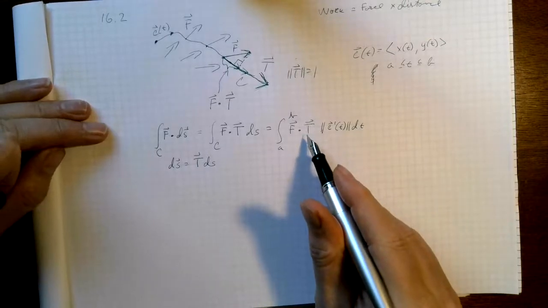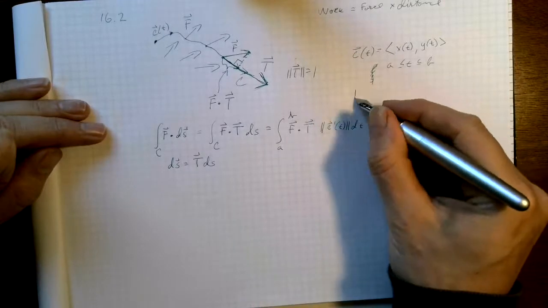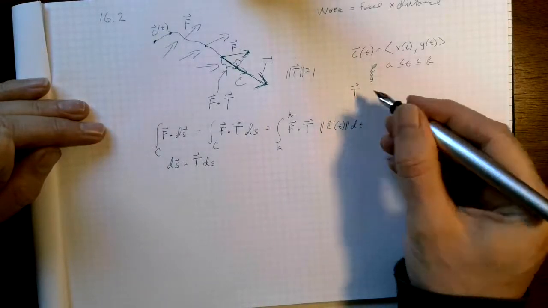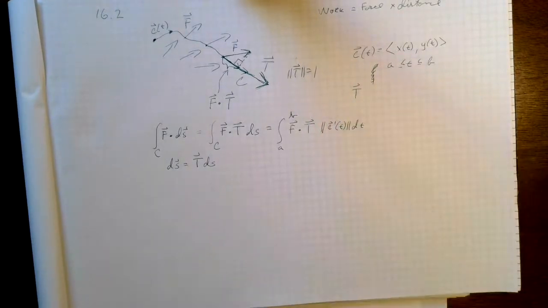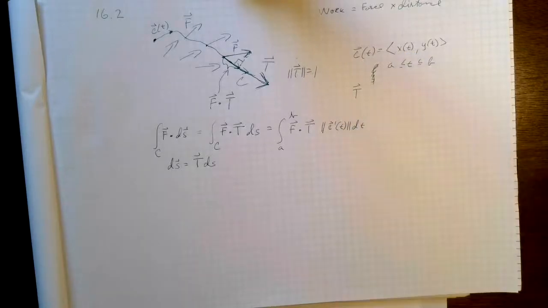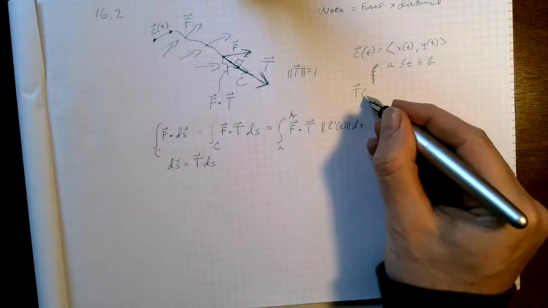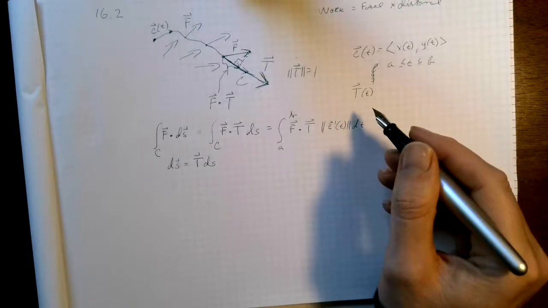Well, what is this T? This T is also really a function of a point on the curve, so it's really a function of t. We can think of it as a function of t.